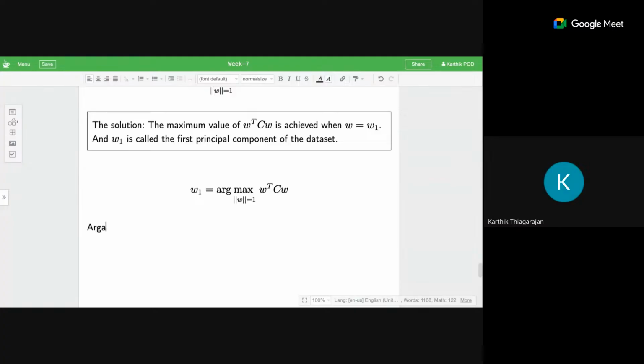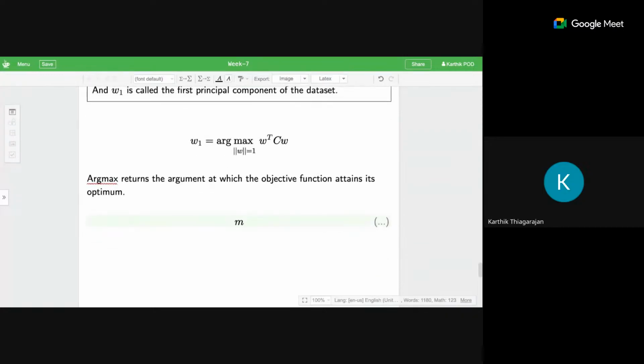So argmax is what? Argmax returns the argument at which the objective function attains its maximum, or attains its optimum, right? We don't know if it's maximum or minimum generally. So what do I mean by this? Let's say you're trying to maximize, or minimize, right?